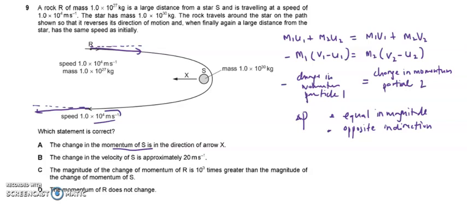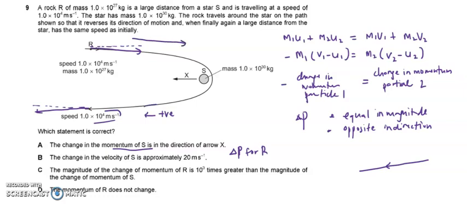If we take the direction to the left as positive, then delta p for R will be the final velocity, which is in this direction, minus the initial velocity, which is in this direction.